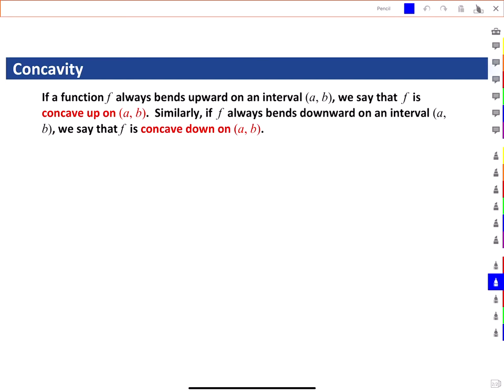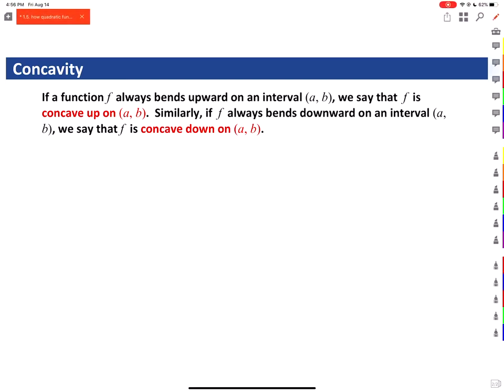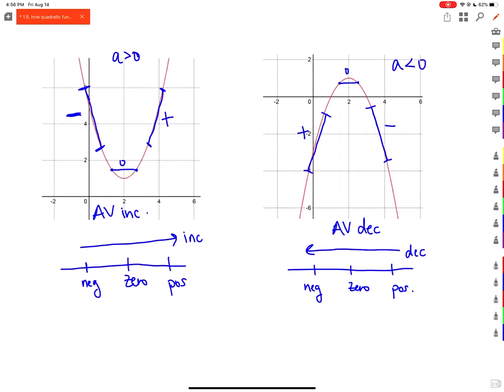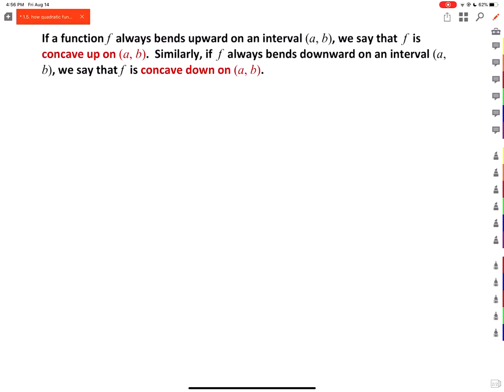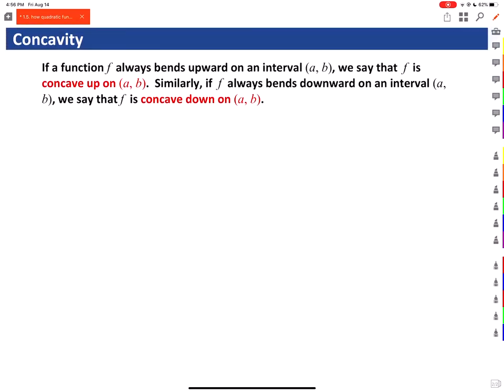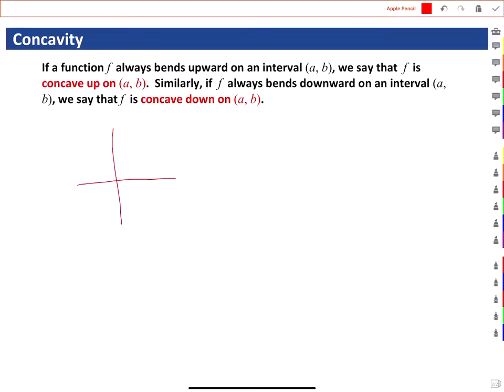Definition though here, if a function f always bends upward on an interval a to b, we say that f is concave up. Okay, so bending upward, so that would be, oops, let me get rid of my pencil here so I can go back. Bending upward would be this graph over here on the left. Okay, so bending upward would look something kind of like this.